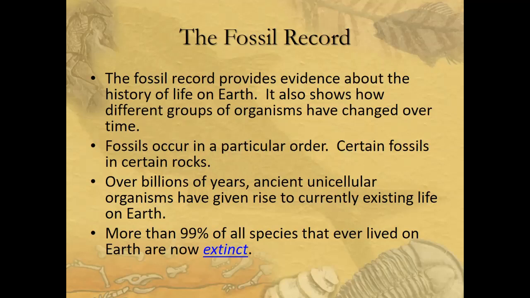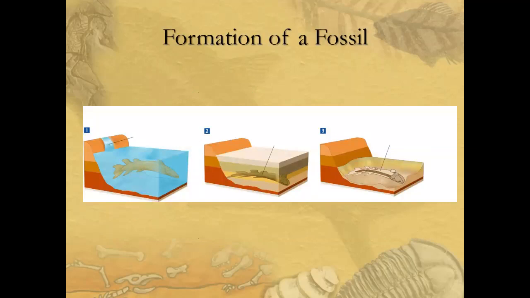So first, let's take a look at how fossils are formed. Most fossils are formed through a process in which an organism dies in an area of sedimentation, so some lake, some river, some stream, and when it dies, it becomes saturated and sinks to the bottom. Over time, sediments or rocky materials are placed on top of that dead decaying organism, and that puts pressure on it.